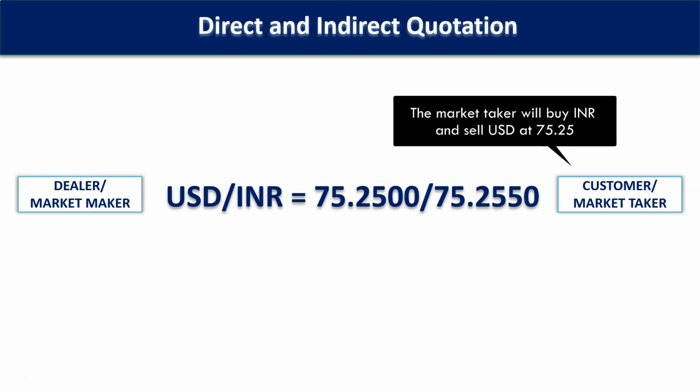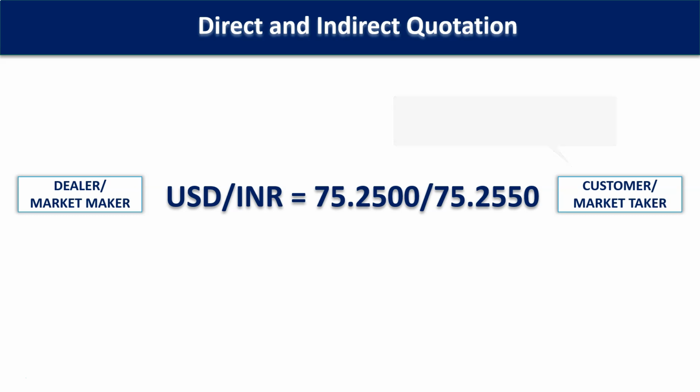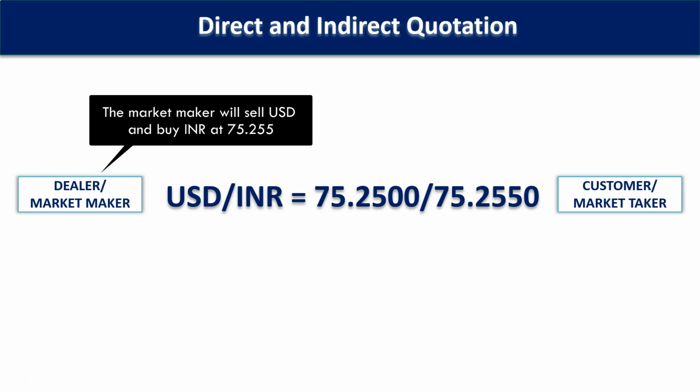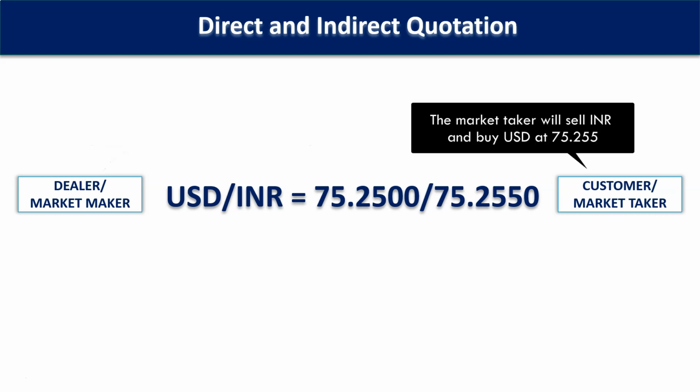The market taker will buy INR and sell USD at 75.25. Again, the market maker will sell USD and buy INR at 75.255. The market taker will sell INR and buy USD at 75.255.